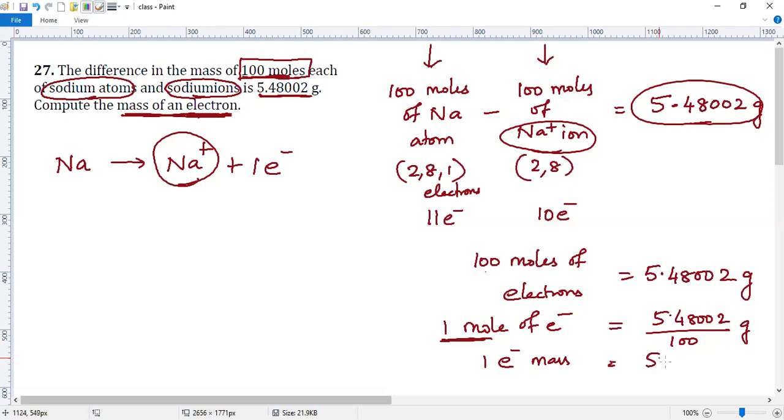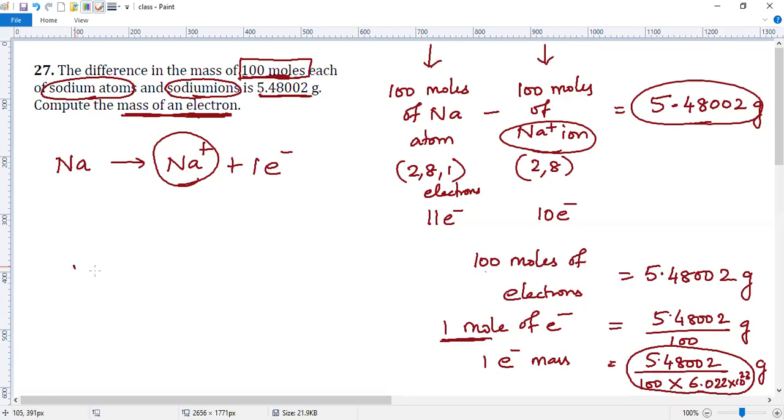Okay, what is it? 5.48002 divided by 100 into 6.022 into 10 power 23, stated in grams. So you have to solve for this value. What is it? 5.48002 you have to divide by 6.022. What do you get on dividing? Approximately you will get 9.1.